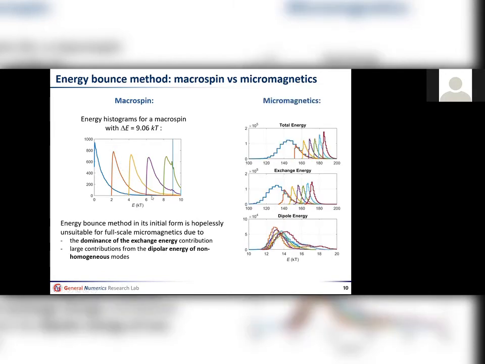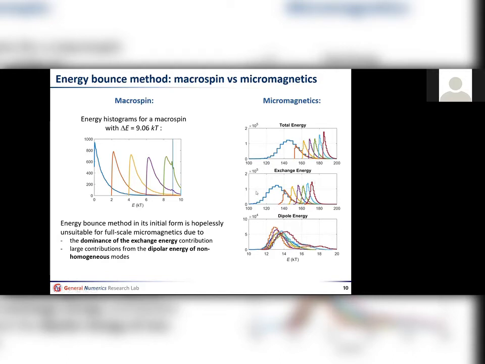But if you start your micromagnetic simulations, you quickly discover that the method does not work for the micromagnetic framework, because for the energy barrier of 9 kT, you quickly have energies around 100 to 200 kT. After 10 seconds thinking, you realize that the problem is the exchange energy, because the exchange energy gives the overwhelming contribution to the total micromagnetic energy.